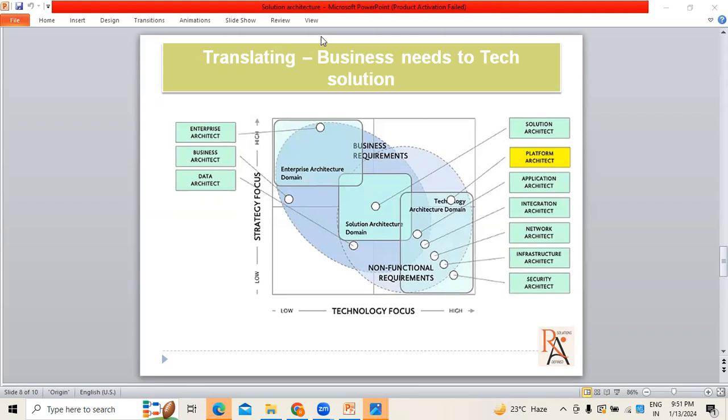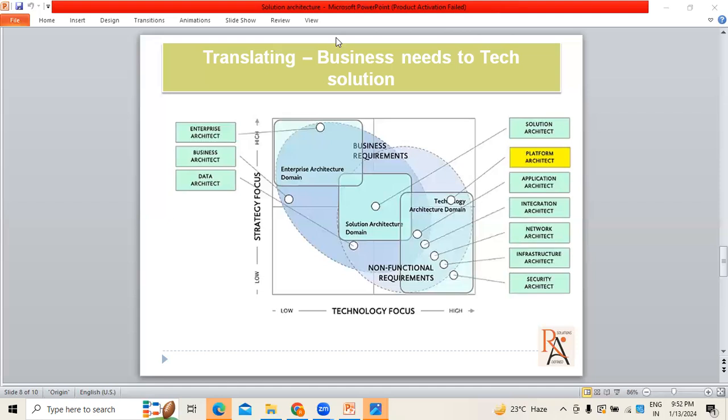Now I'm going to discuss the translation part, because whatever solution we develop will initially start with the business needs we have. Based upon the business needs we have identified, that has to be translated into the technical solution. That's what we have to perform.